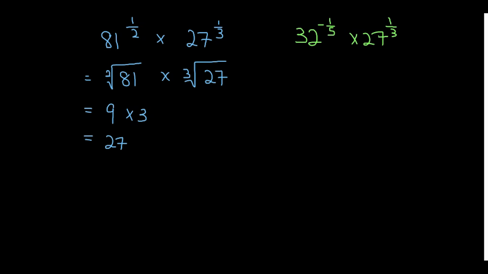It's something to do with the reciprocal. Somebody tell me. What do we need to do if I want to get rid of a negative power? Say it back. That's it. You have to invert. So just remember the rule that we talked about earlier.